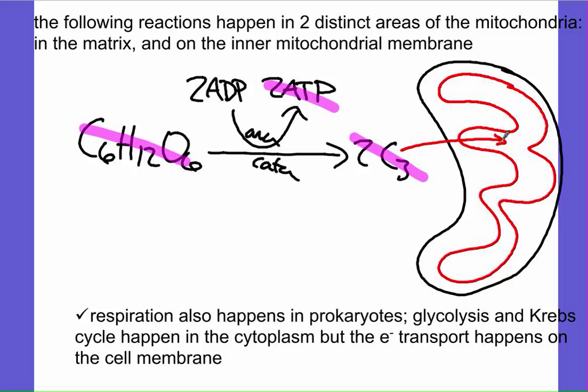And the problem with that is it costs energy. You're trying to get energy out of this. You don't want to spend energy. But at the end of the day, these 2 ATP that I made, it's going to cost me both of those ATP to move this 3 carbon molecule into the mitochondria. Because there's still lots of energy in here that I'm going to get out.